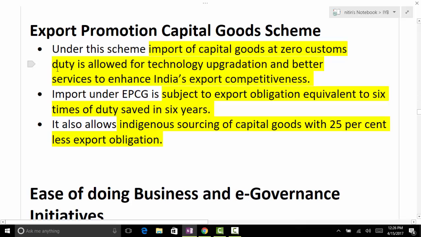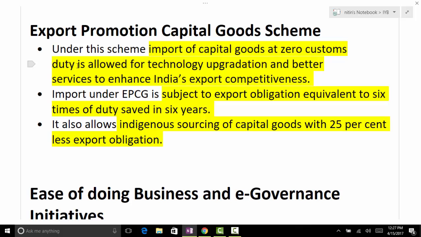Now come to the next, the EPCG scheme, Export Promotion Capital Goods Scheme. This is basically focused on import of capital goods. Import of capital goods at zero customs duty is allowed for technology upgradation and better services to enhance India's export competitiveness. So the difference between this scheme and the earlier scheme is that here the focus is on capital goods.